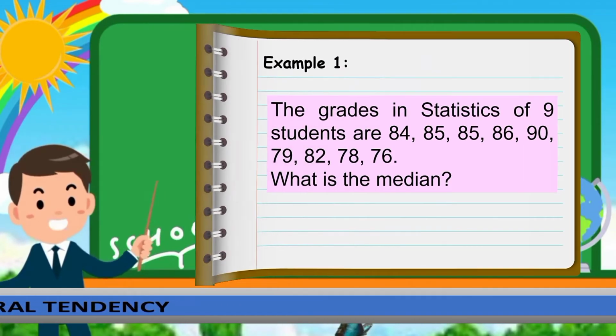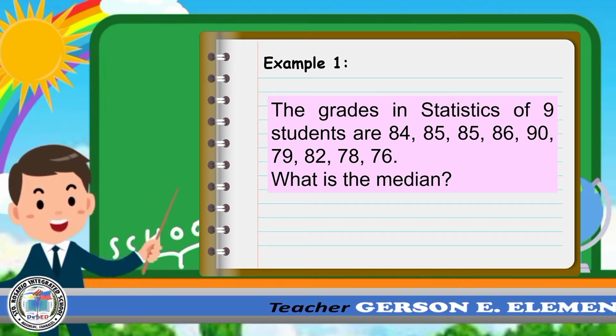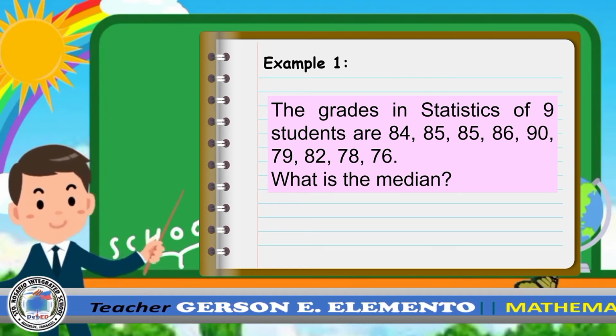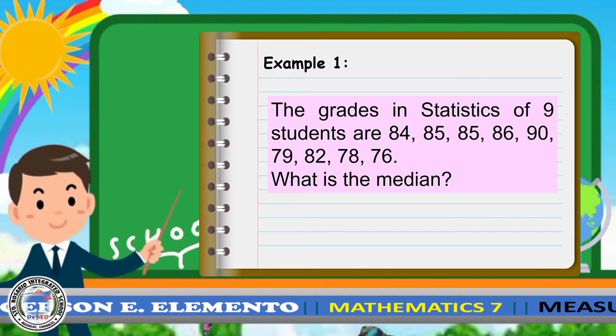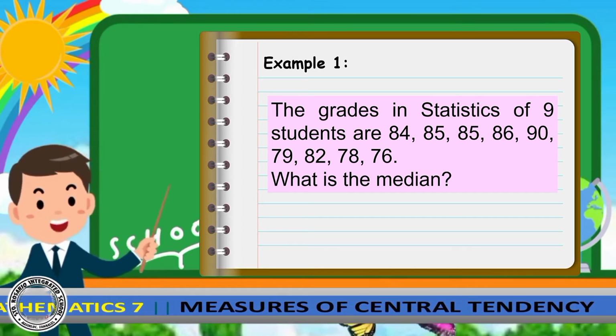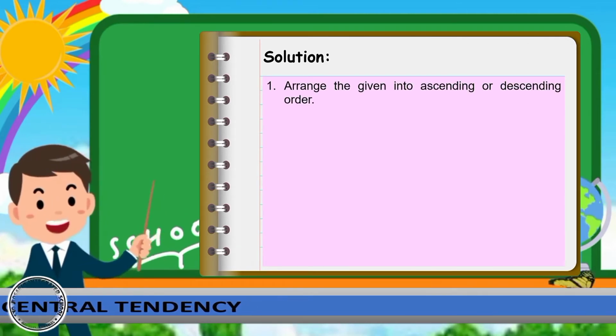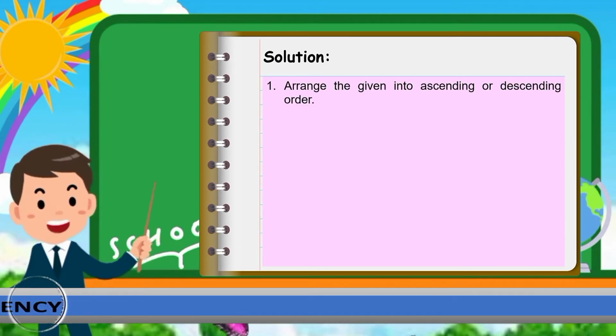Here is example number 1. The grades in statistics of 9 students are 84, 85, 85, 86, 90, 79, 82, 78, and 76. What is the median? Solution. First, arrange the data into ascending or descending order.